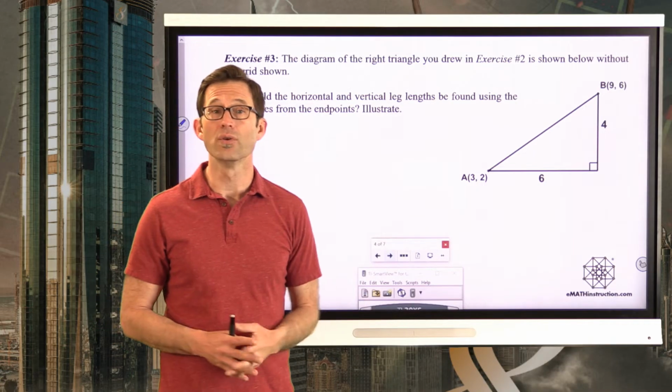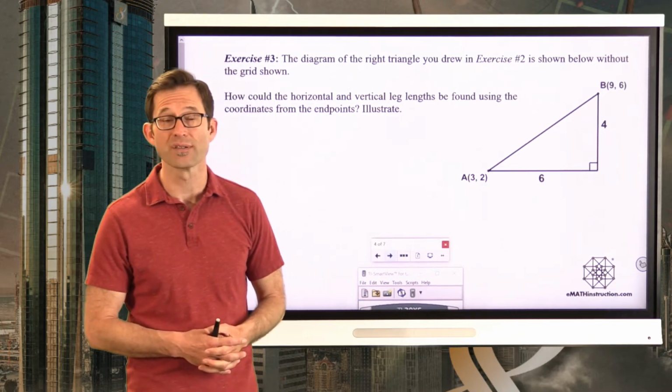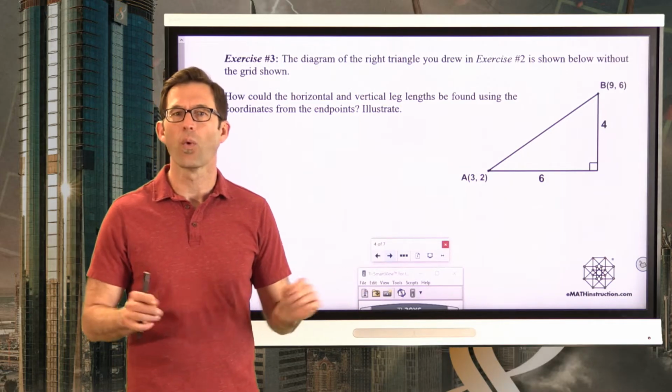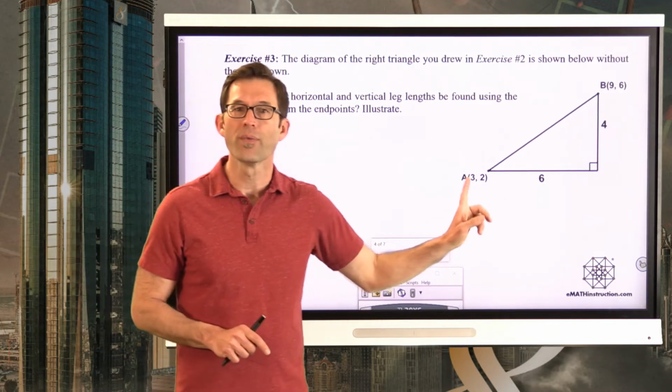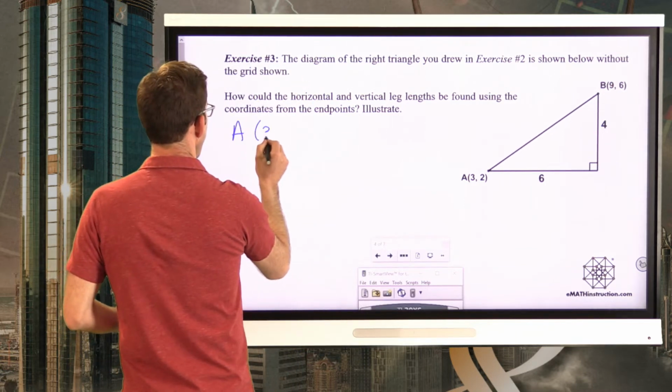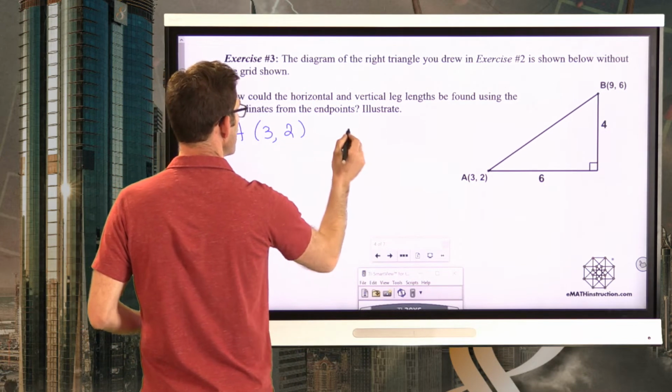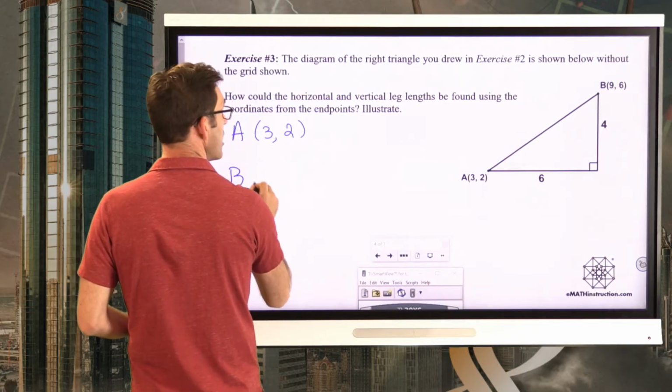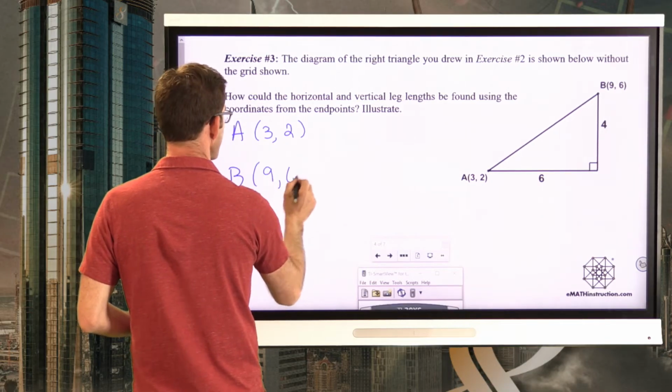Well, all we have to do is subtract the x and the y coordinates, x from x and y from y. Here's what I mean, right? This x coordinate, let's actually get these points bigger here. A at (3, 2), right? And B at (9, 6), right?